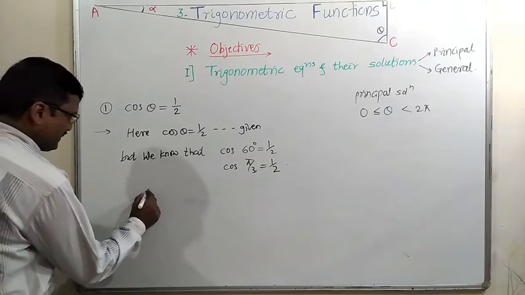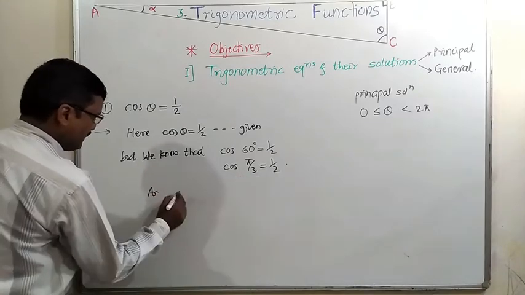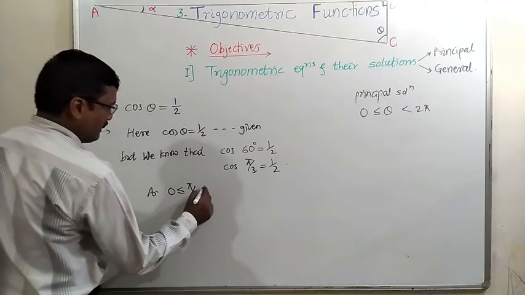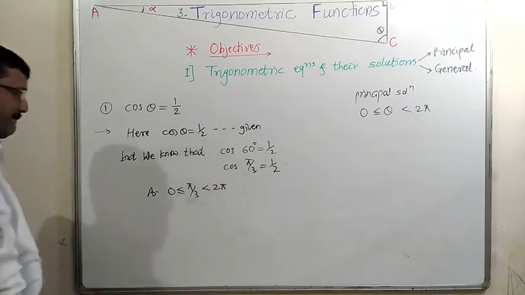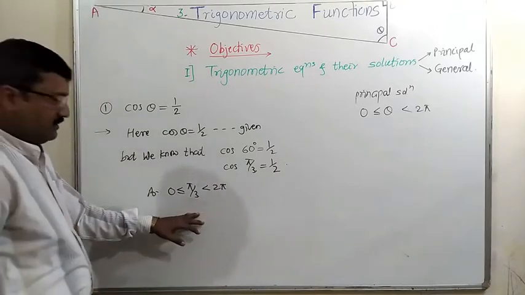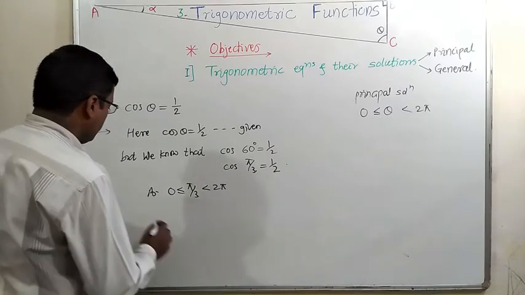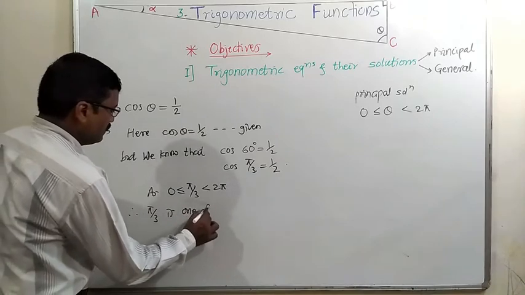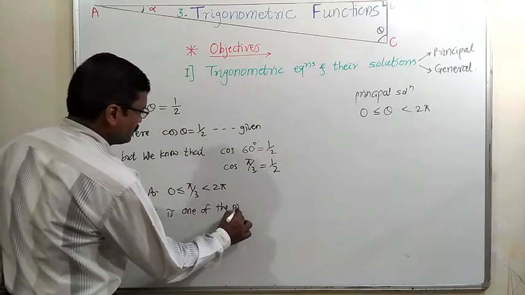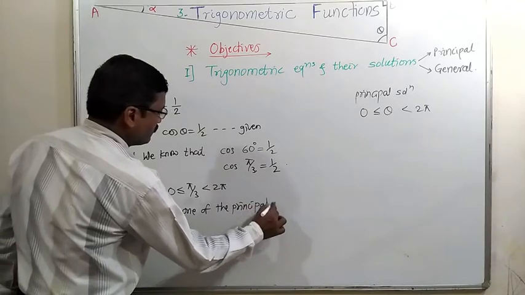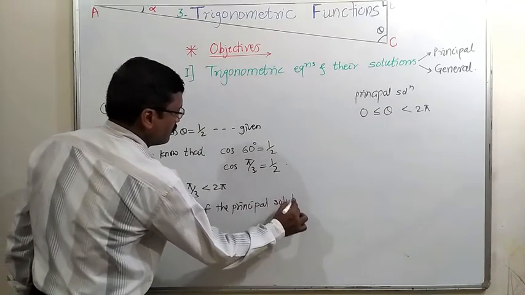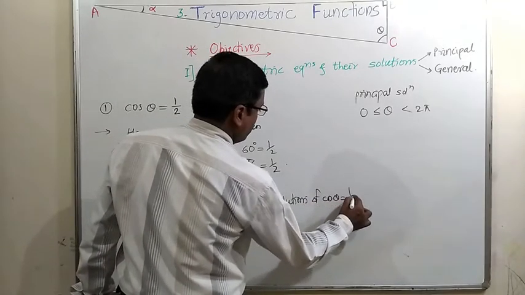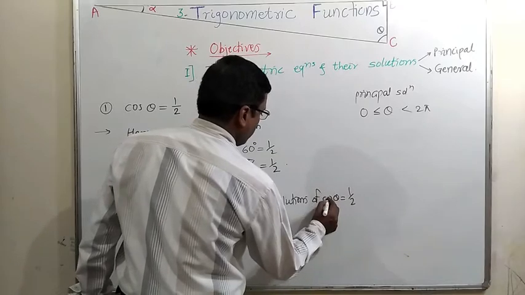Also, this pi by 3 is greater than or equal to 0, and it is less than 2 pi. As this angle satisfies this condition, therefore pi by 3 is one of the principal solutions of cos theta equal to half. Okay.